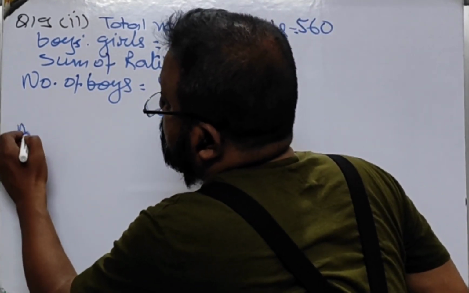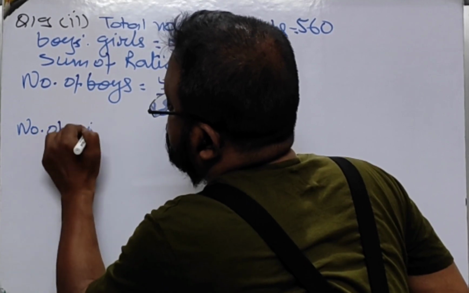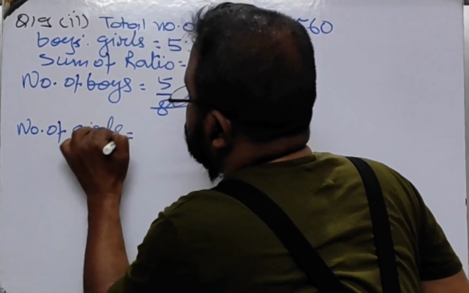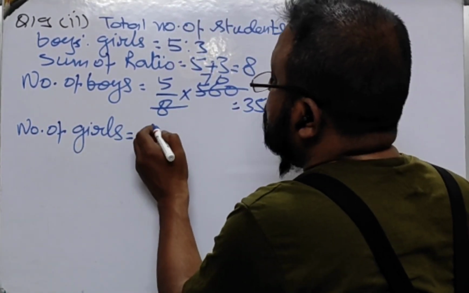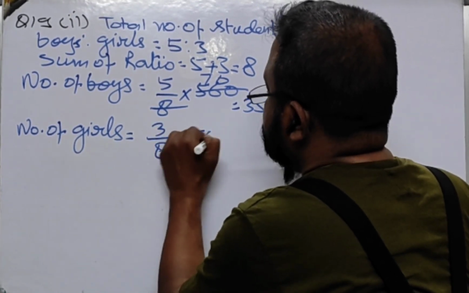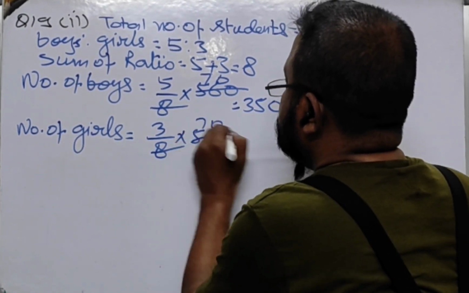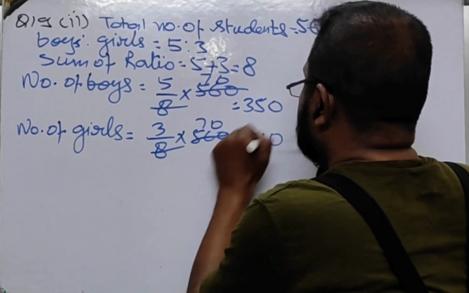So the number of girls is equal to 3 upon 8 into 560. Same we get 70. So we have 210 girls.